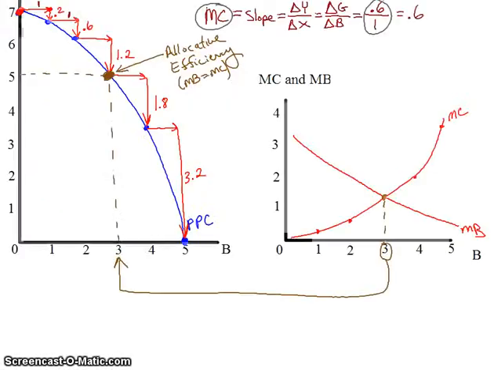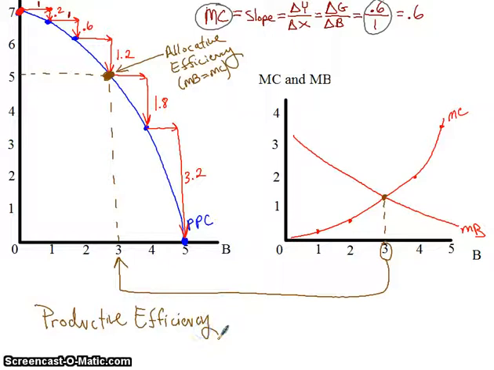Now, one thing to add to this is the idea of productive efficiency. So we just talked about allocative efficiency. Allocative efficiency is the point of utility maximization, where marginal benefit equals marginal cost.